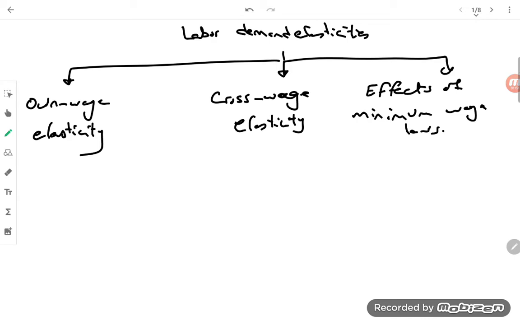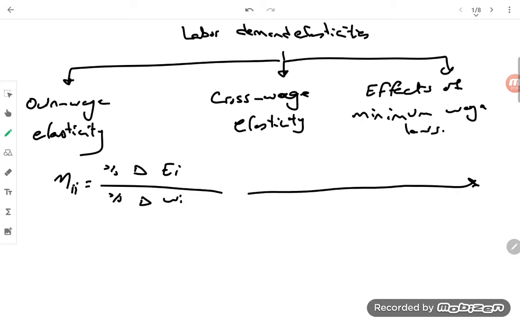We talked last time about own wage elasticity, and we said that own wage elasticity is calculated as percentage change in employment divided by percentage change in wage rate. The value ranges from 0 to infinity. If it is 0, this is perfectly inelastic demand.